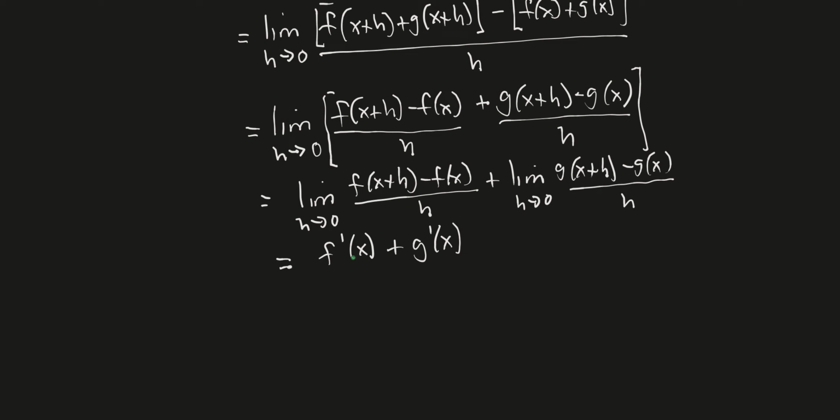If our function now has multiple terms, so if our function looks like f of x plus g of x, then to find the derivative of a function that has multiple terms, just take the derivative of the first term, so this will be f prime of x, and then keep the plus sign, so it's f prime of x plus g prime of x.